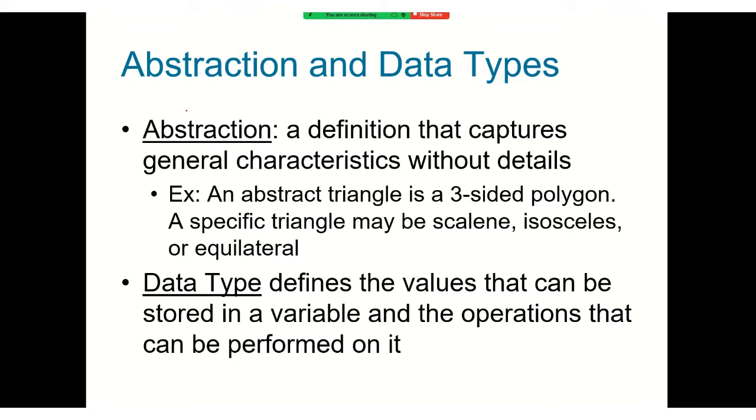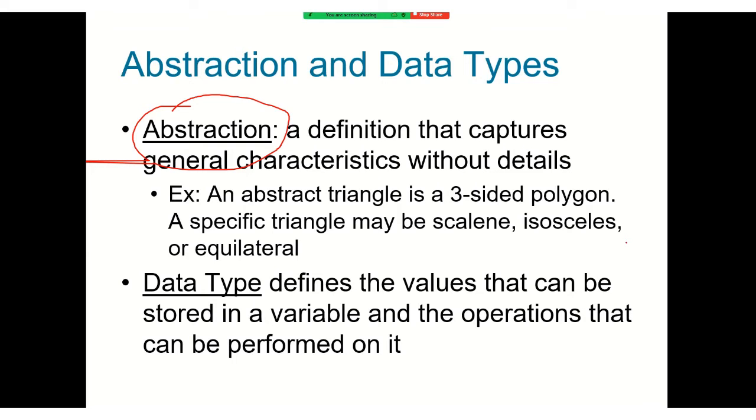Now, the abstract data type has the first part, which is called abstraction. And what is an abstraction? An abstraction is a general model of something. This is a definition that includes only the general characteristics of the objects. It does not show any details.